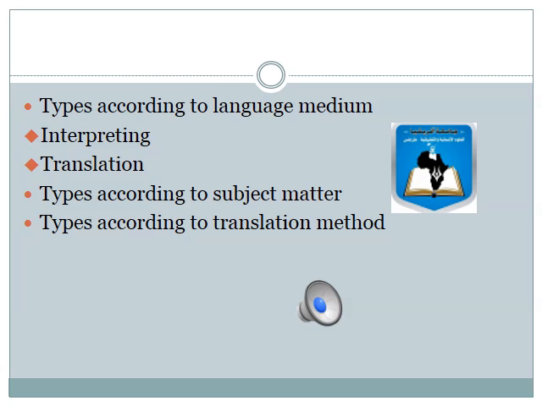This is because human communities relied on speech for communication before the development of writing systems. In its origins, interpreting took place when members of different linguistic and cultural communities came into contact for some particular purpose.